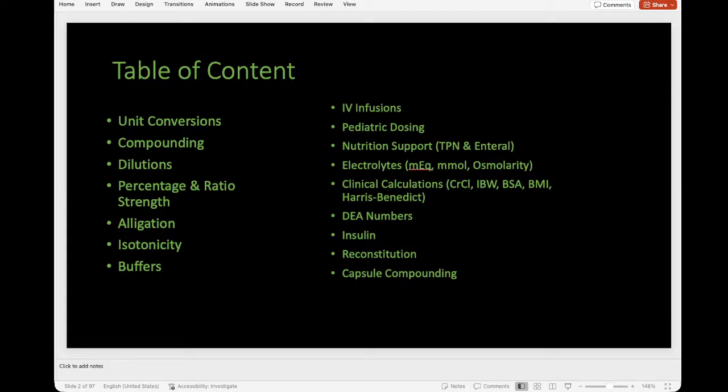So this is a slide that talks about what is covered in pharmacy calculations overall. You're going to start with the basics, which is basically learning how to convert from one unit to another, milligrams to grams, fluid ounces to fluid grams, or vice versa.